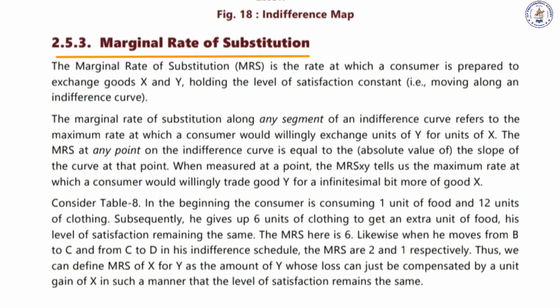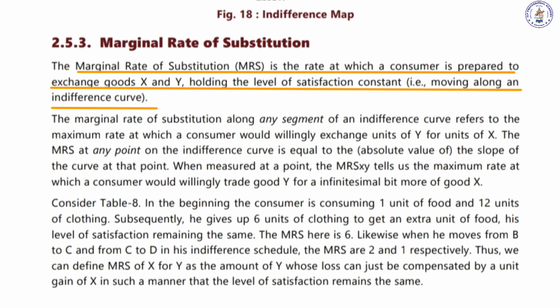Now we go to the marginal rate of substitution. What is it? It is the rate at which a consumer prefers to have one good X instead of another good Y, with the satisfaction level remaining the same.